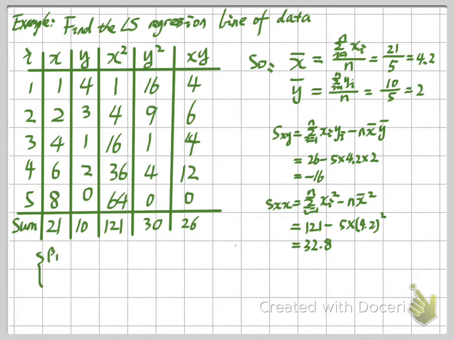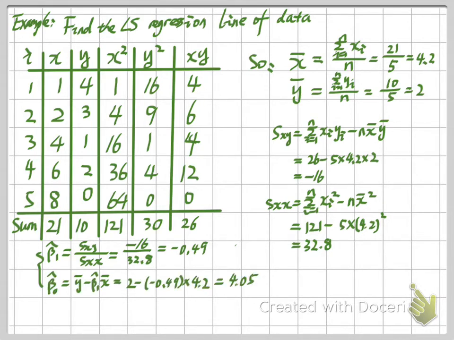So here the beta 1 hat will equal s sub xy divided by s sub xx. So that's why here we will have the answer of this one is negative 0.49.